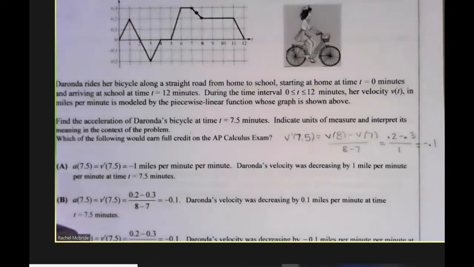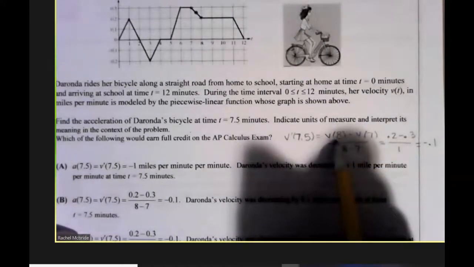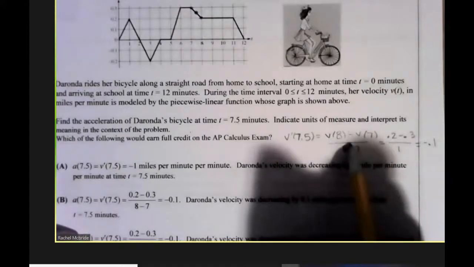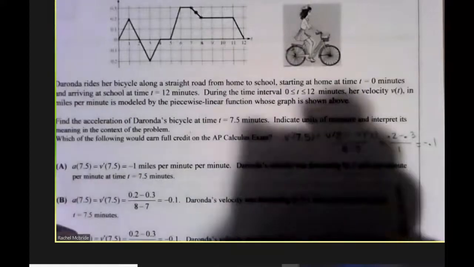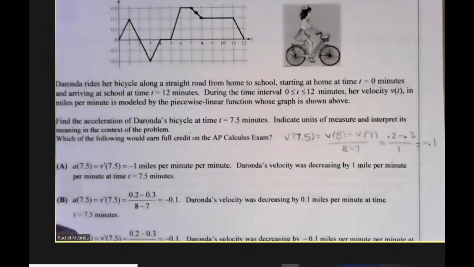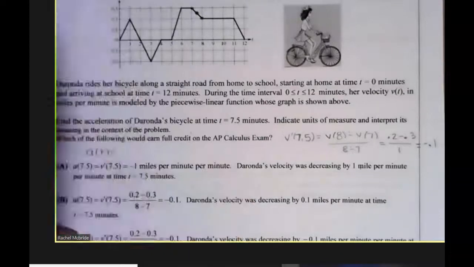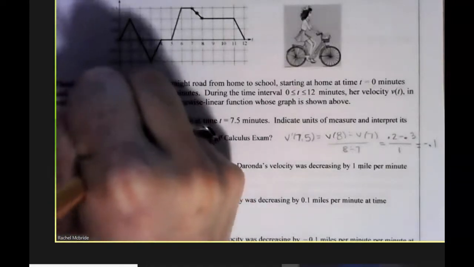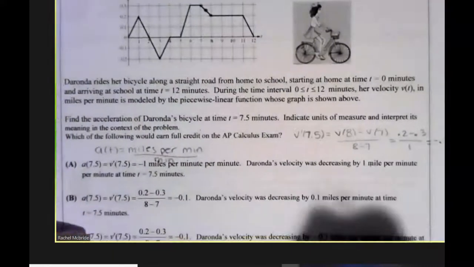So remember it's velocity, so that means that this represents her change in position over time again. So that means that my answer is going to be like per minute per minute. So acceleration is the change in the miles per minute, for velocity being in my numerator, over minutes.